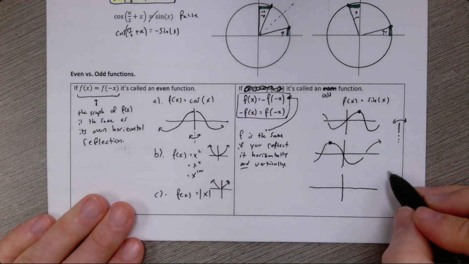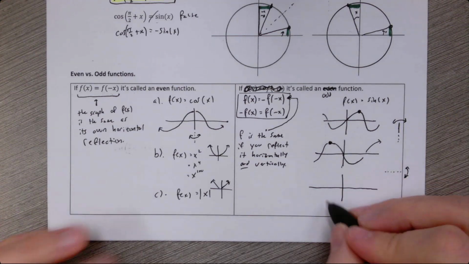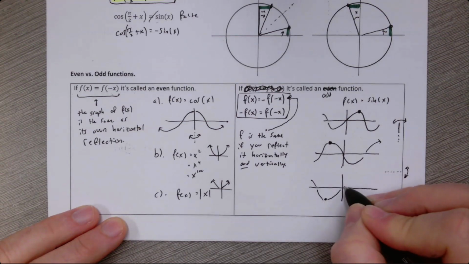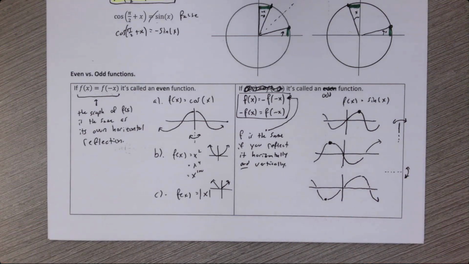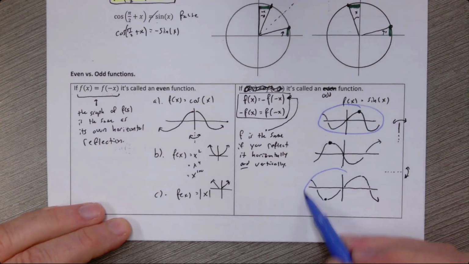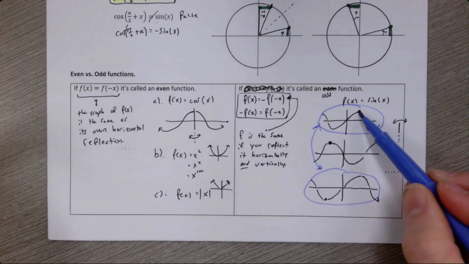Okay, now let's reflect it vertically. So that point ends up down here. Okay, so what I want you to notice is this graph is the same as this graph. This point ended up in a different spot.